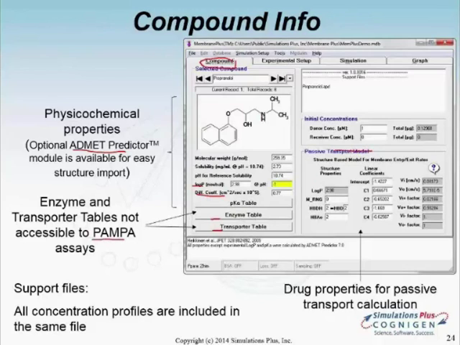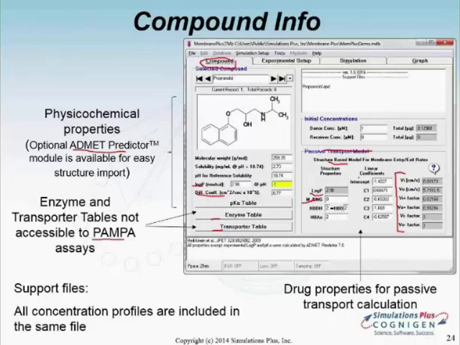The section describing the passive transport model is for the calculation of the rates of entry and exit from the membranes for neutral as well as for the charged species. The default model, as I was describing, is the structure-based model, which is calculating the entry rates using a model dependent on mainly logP, the ring structures, and the hydrogen bonding capabilities of your compound.